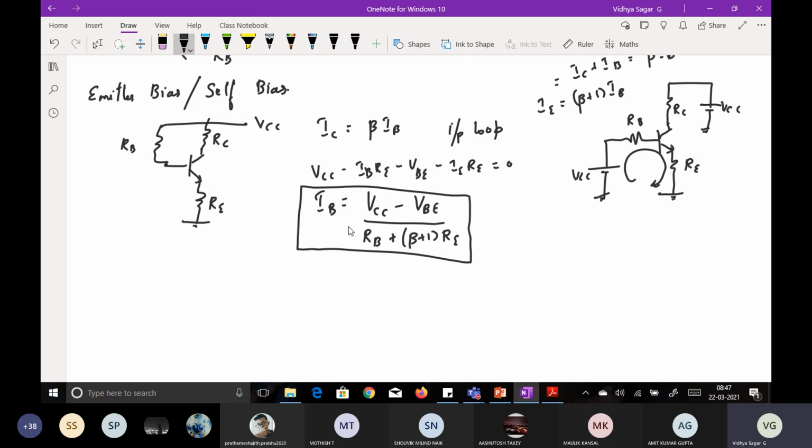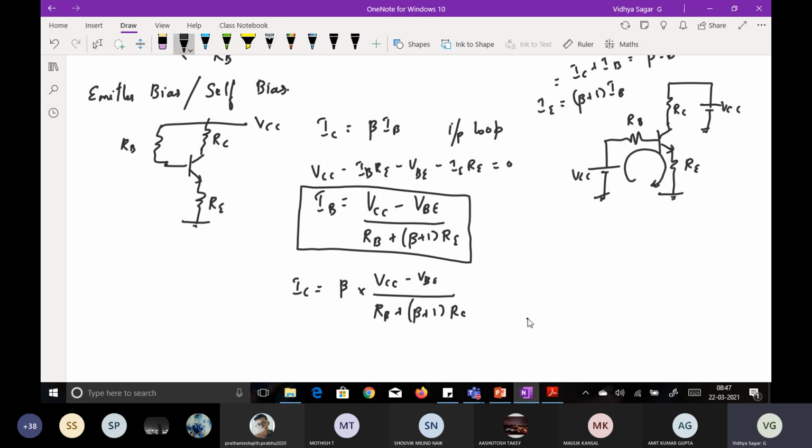So now here you could see that if I substitute this in IC, I'm just writing it in terms of the equation, not solving any problem here. IC is equal to beta times IB, so it is beta times VCC minus VBE divided by RB plus beta plus 1 RE. In the denominator I could see a beta value, and in the numerator also I have a beta.